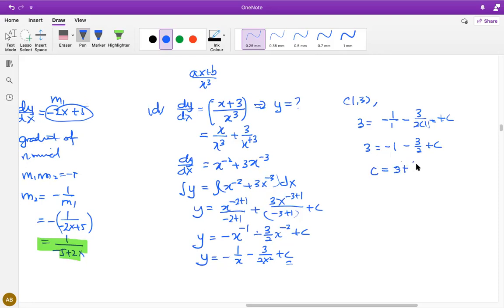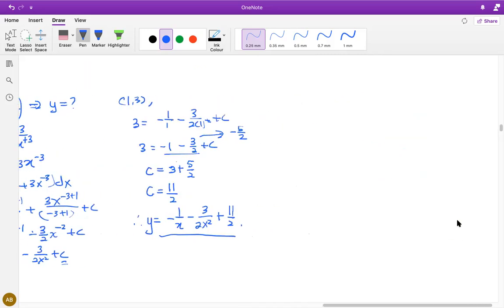Then c equals 2 times 3, 6, plus 5, so 11 over 2. Hence, our equation will be y equals negative 1 over x minus 3 over 2x squared plus 11 over 2. This is your answer.